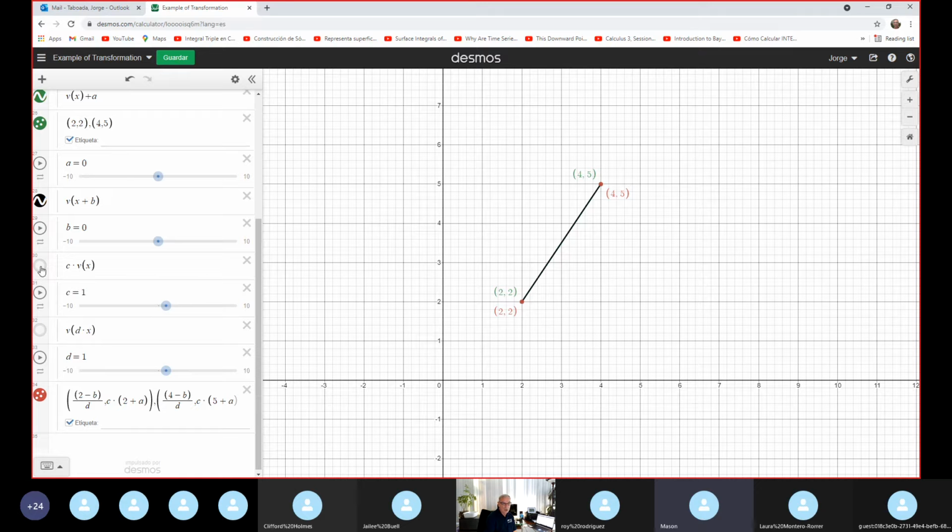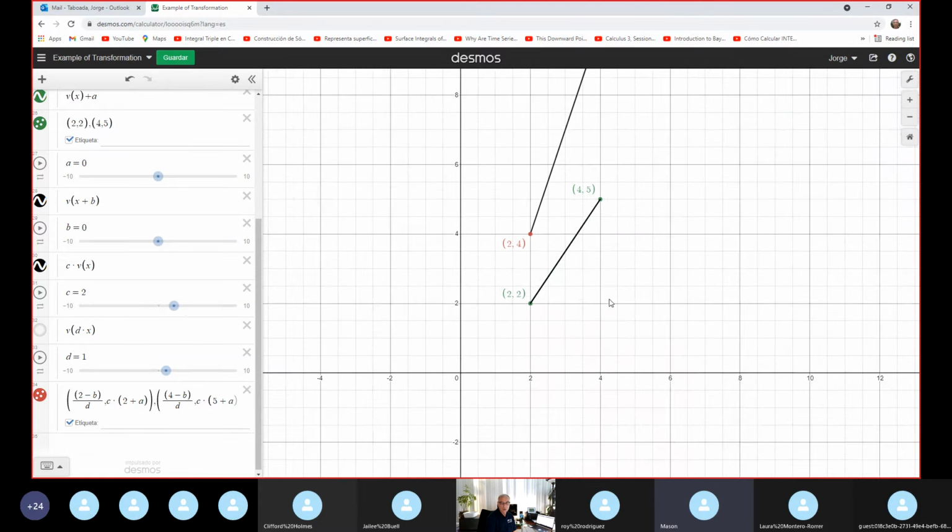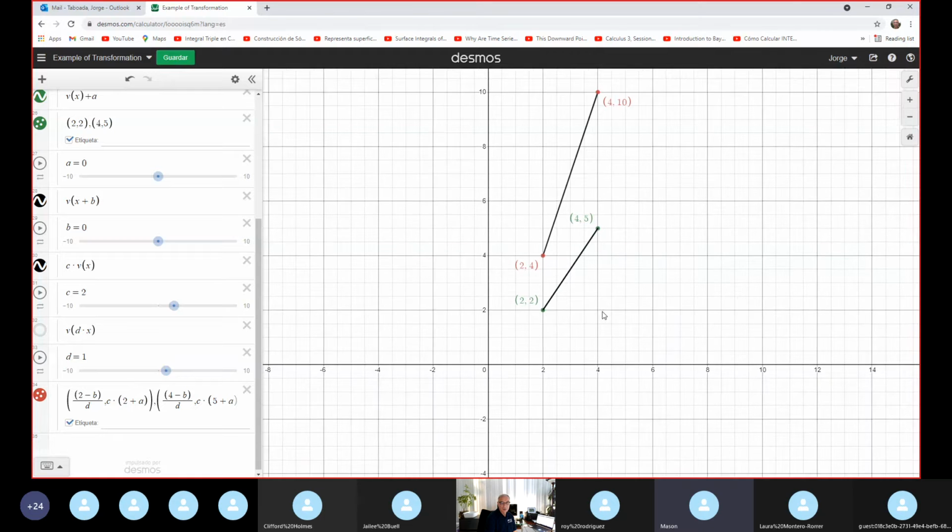Suppose multiplication by 1. Then no transformation, because 1 is invisible. However, if you multiply by a number greater than 1, look at that. What is the name of this transformation? Well, let me try to find one number, not necessarily decimal, suppose 2, and zoom to see more clearly.